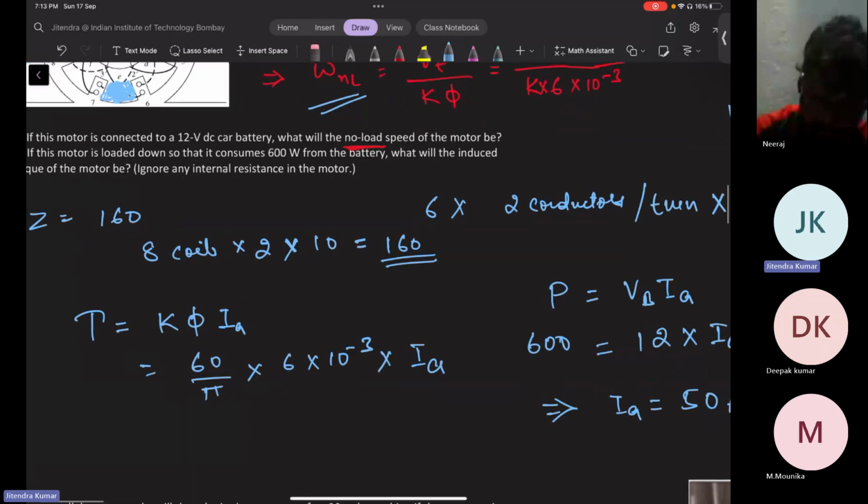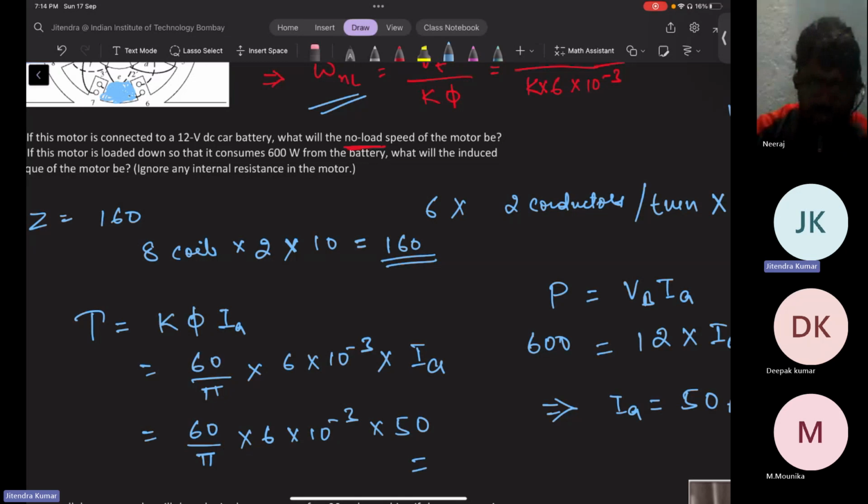Now I just need to plug in that value: 60 by pi into 6 into 10 raised to power minus 3 into 50, and it will come out to be 5.73 Newton meter. I hope you guys are also getting the same value.